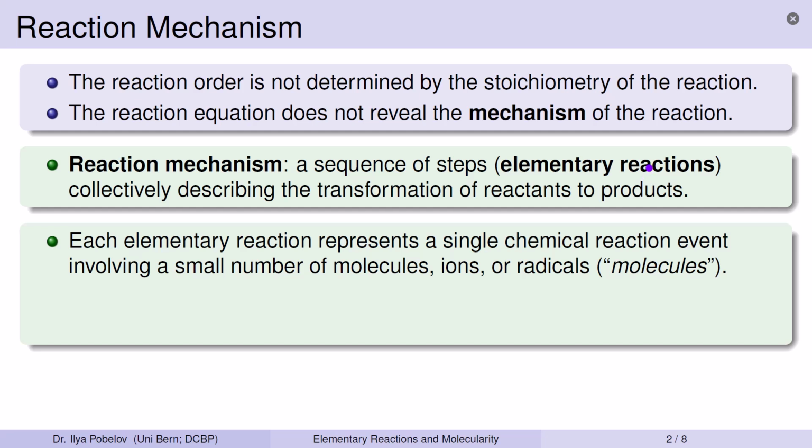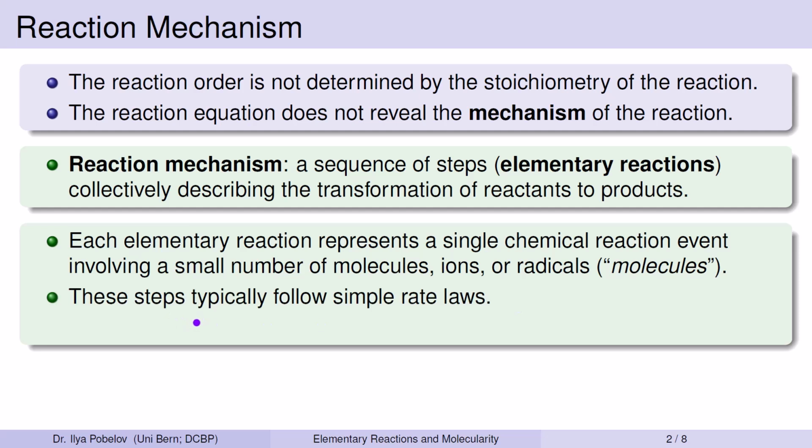Each elementary reaction represents a single chemical reaction event involving a small number of molecules, ions, radicals, or other types of reactant species. For the sake of simplicity, we will call them all molecules.